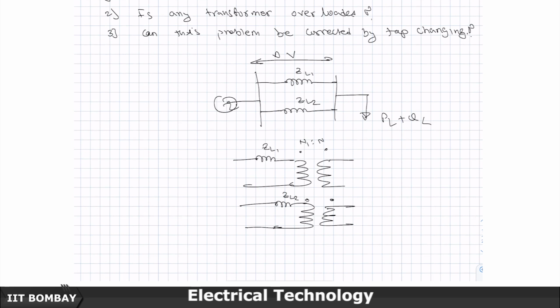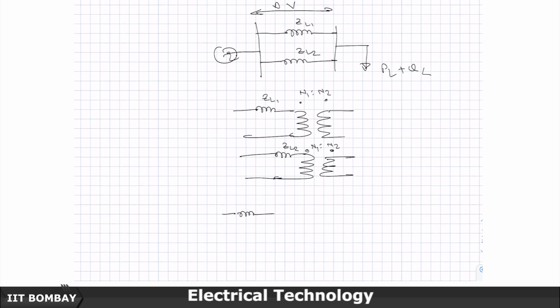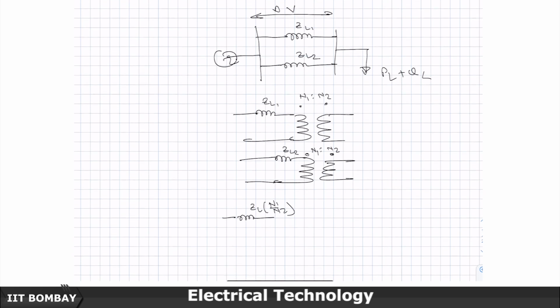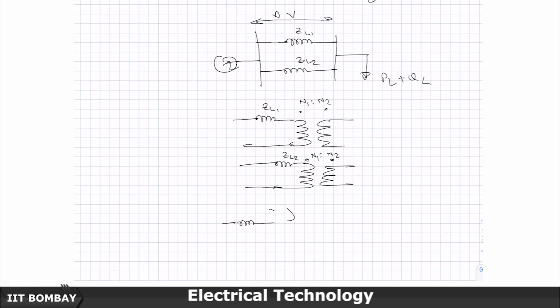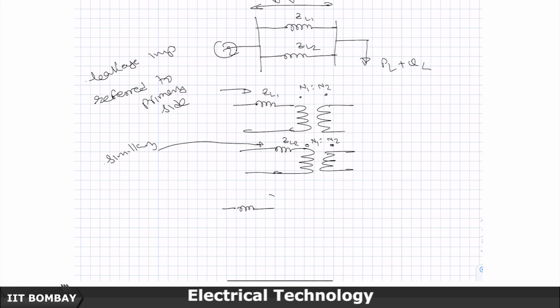If this turns ratio is N1 is to N2 and this turns ratio is also N1 is to N2, and suppose that I refer everything to the primary side, then what I have done is, I have said that ZL1 is the leakage impedance referred to the primary side, and ZL2 is again the leakage impedance referred to the primary side for the second transformer, and this load is being shared between the two.